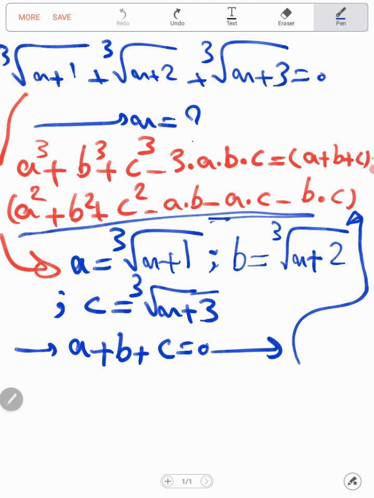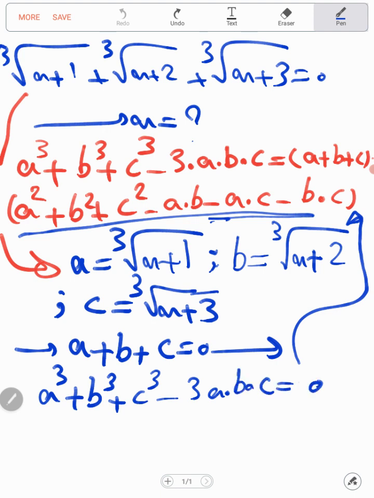In this formula, if the sum of these variables is equal to 0, we can simplify it. I mean a cubed plus b cubed plus c cubed minus 3 times a times b times c is equal to 0, because if we put 0 instead of the parentheses, the sum of a, b, and c, we can simplify this formula.